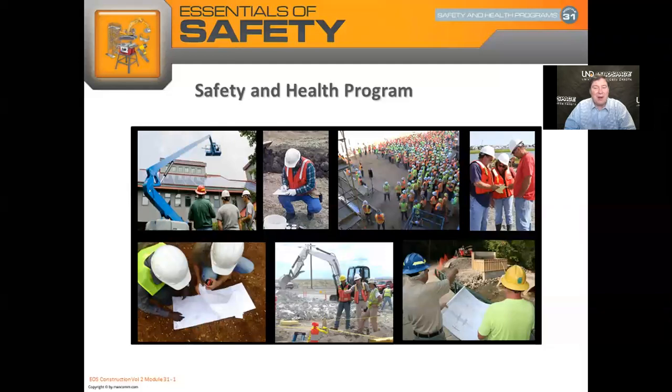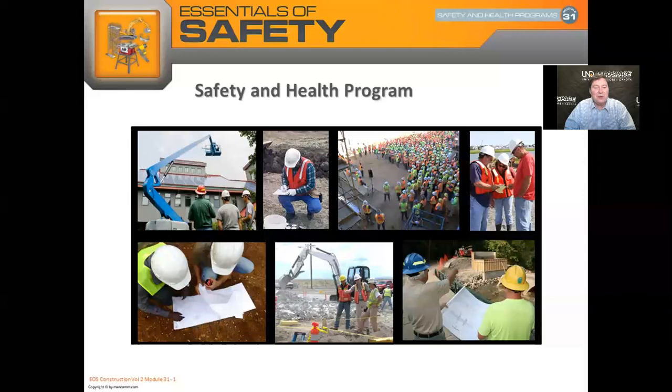Now, in Module 31, up at the front section, there is a wealth of material that you are going to be able to use in your future, either to fine tune an existing safety and health program or, if you go into a brand new corporation or a new company, it'll be really good, even starting from scratch.